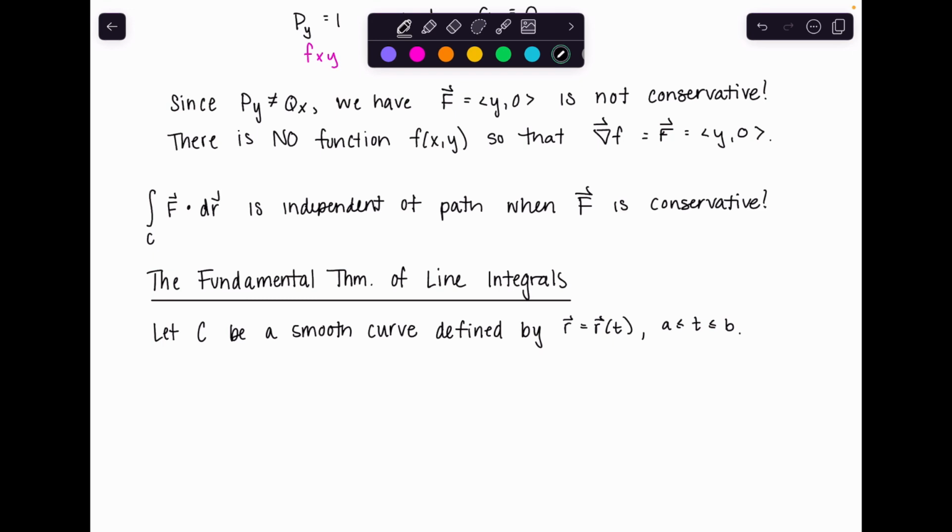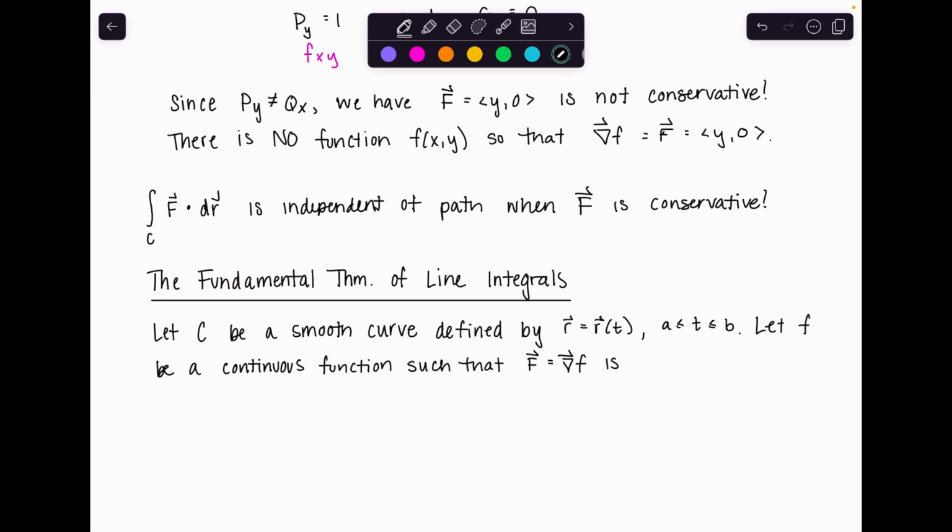We're going to let f be a continuous function such that the vector field is the gradient of f.